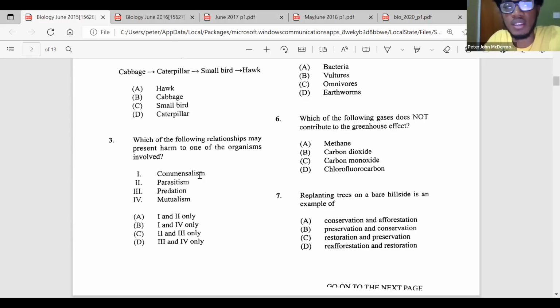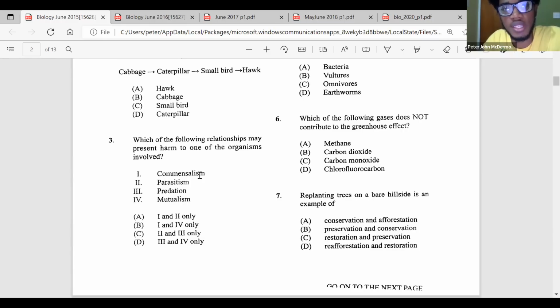So it eats the ticks off the oxen, and in return, the oxen provides protection from all the things that could potentially prey on the bird, right? So that's an example of commensalism. In terms of harm, we don't see any harm in that per se because they're both benefiting.